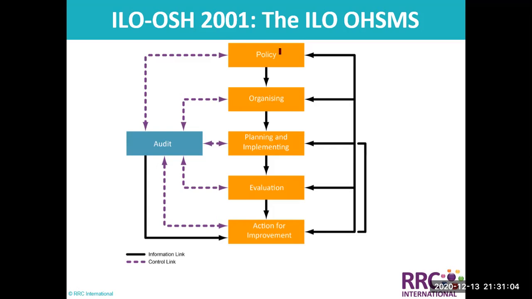Planning and implementing, that's where you actually carry out arrangements for different things: arrangement for accident investigation, arrangement for first aid, arrangement for drills, arrangement for lone working, arrangement for provision of welfare facilities, arrangement for permit to work, and all that.